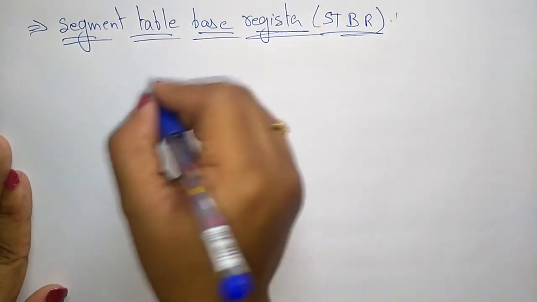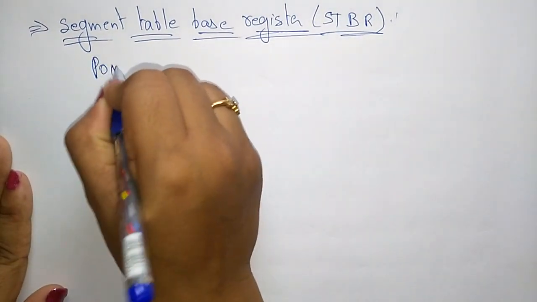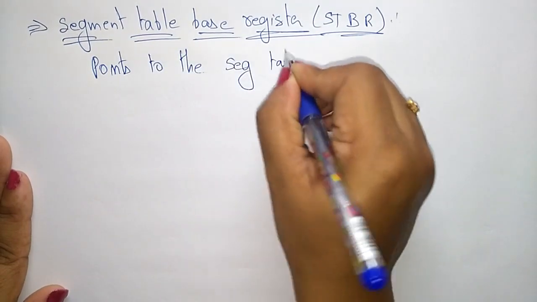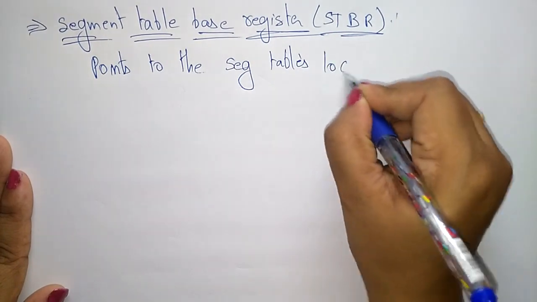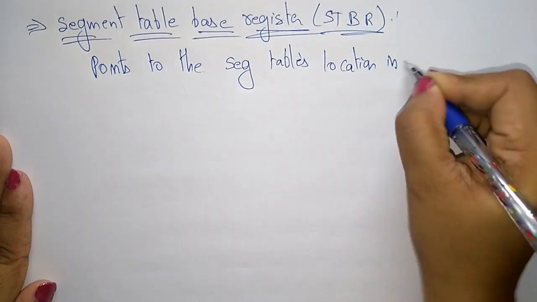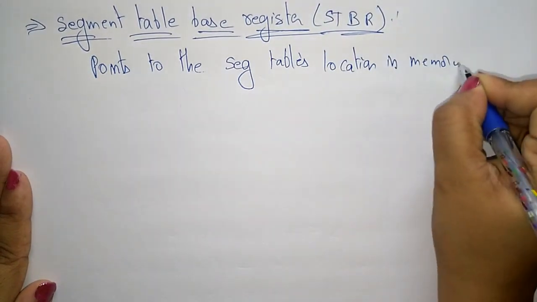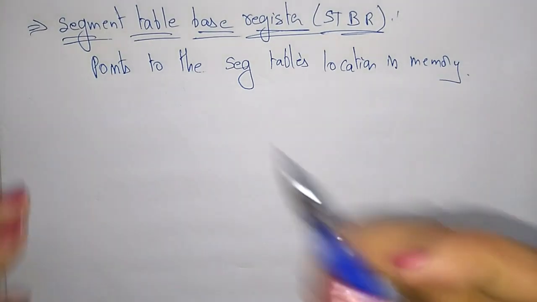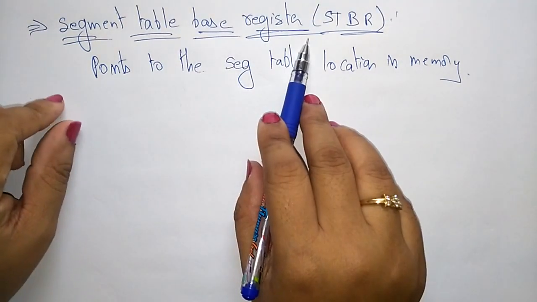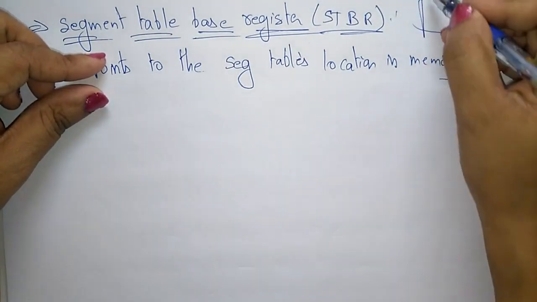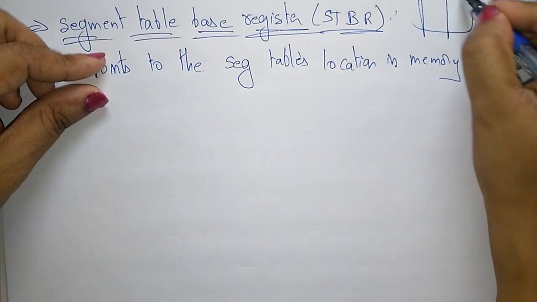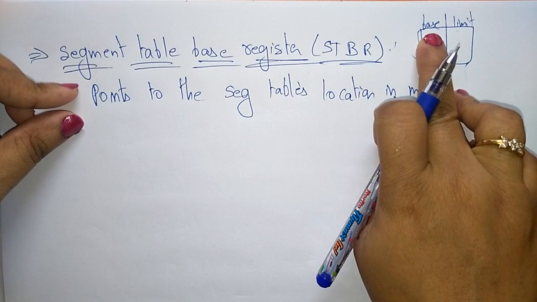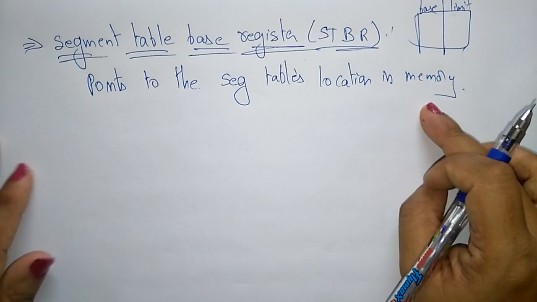It points to the segment table's location in memory, where you store the data. So whatever I said, the base and limit, this is the base and this is the limit. The base register points to the segment table location in memory.